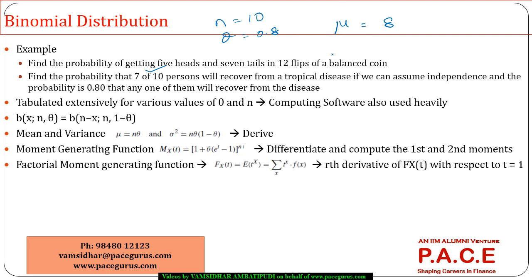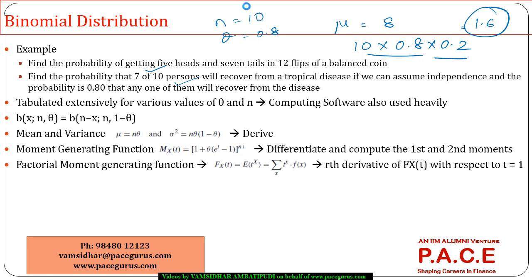And if I am talking about variance, n theta into 1 minus theta, 10 into theta into 1 minus theta, 8 into 0.2 will be 1.6. So the variance for this kind of an example is 1.6 and the mean is around 8. So we can very well use this to solve the numericals associated with the binomially distributed data set.